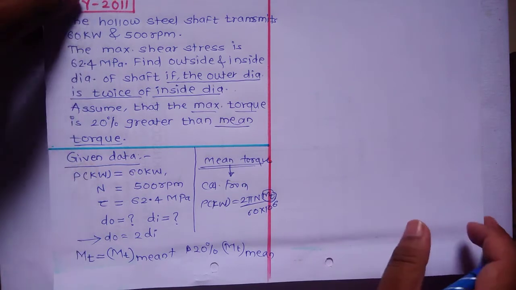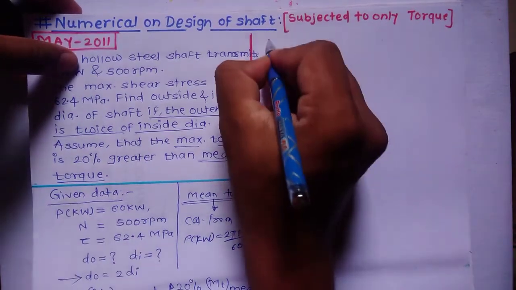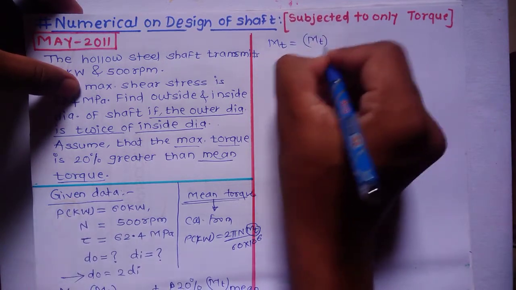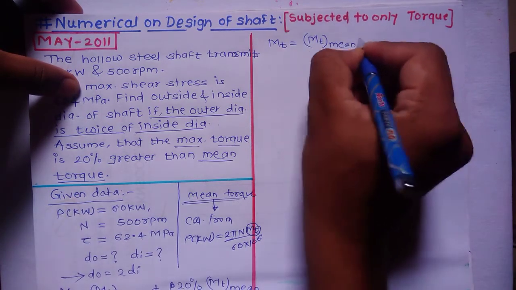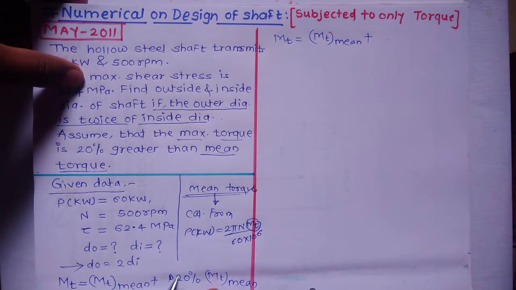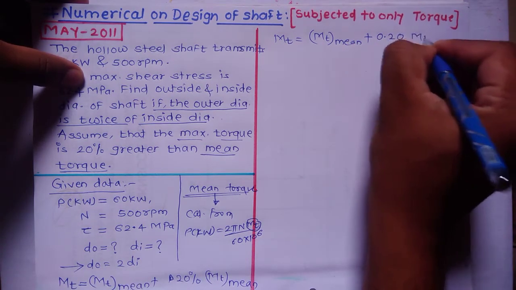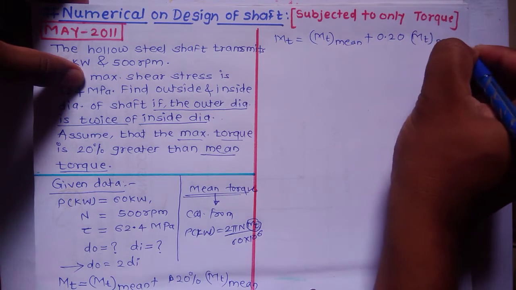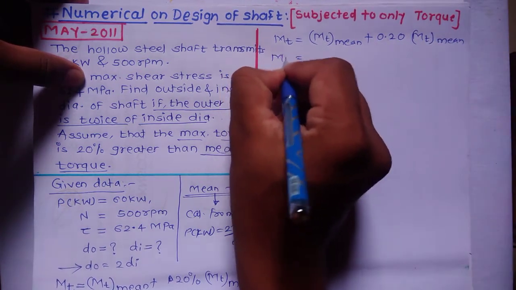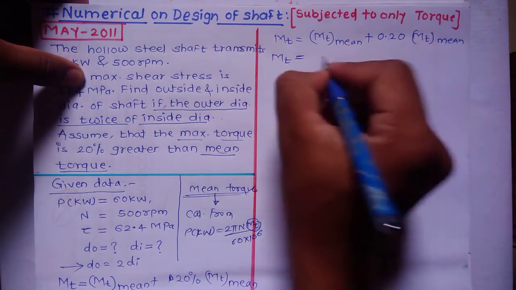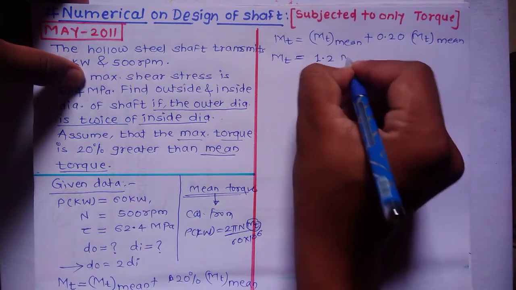So this maximum torque MT is equal to MT mean, that is mean torque, plus 20%, which we can write as 0.2 MT mean. If you add this, you will get on the RHS MT mean plus 0.2 MT mean, it is 1.2 MT mean.